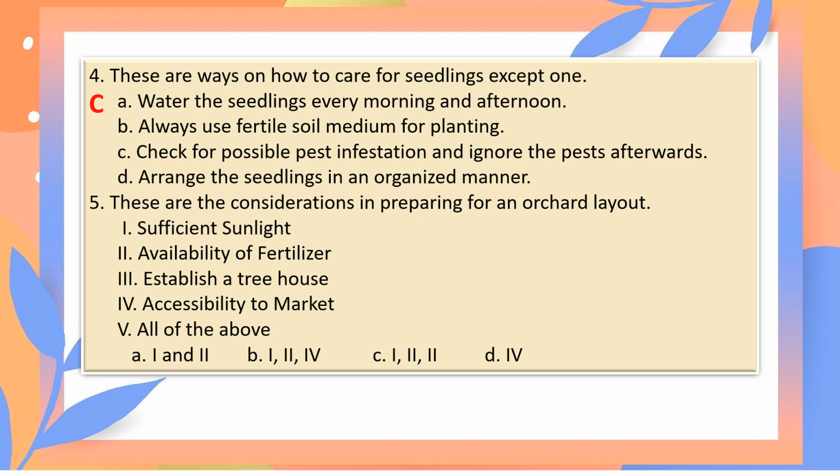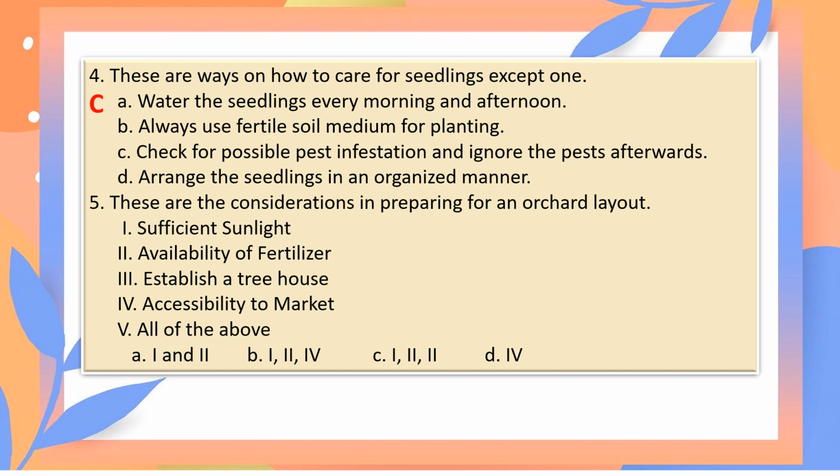Next, number 5. These are the considerations in preparing for an orchard layout. So, we have Roman number 1, sufficient sunlight. Roman number 2, availability of fertilizer. 3, establish a tree house. 4, accessibility to market. And 5, all of the above.